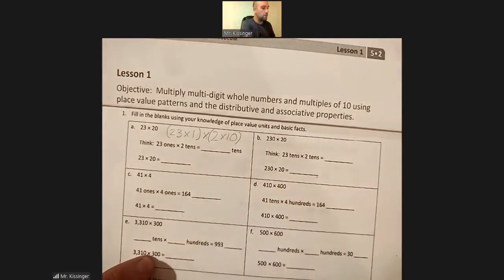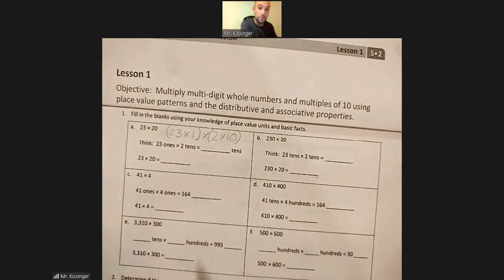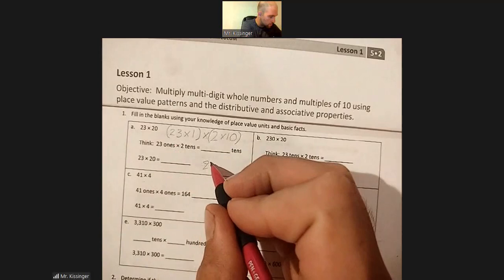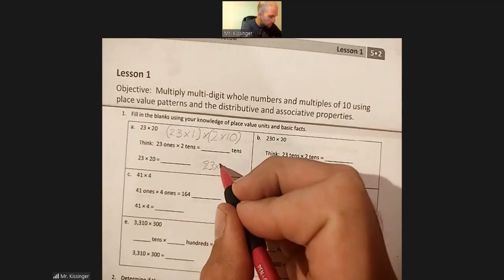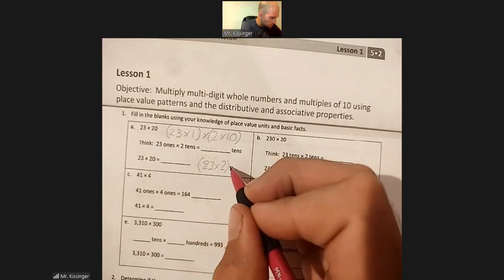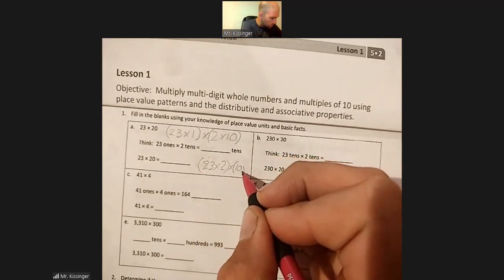We're going to move these around using the associative property of multiplication, which says it doesn't matter which order we multiply in. So we'll do 23 times 2, and then we'll do 10 times 1.